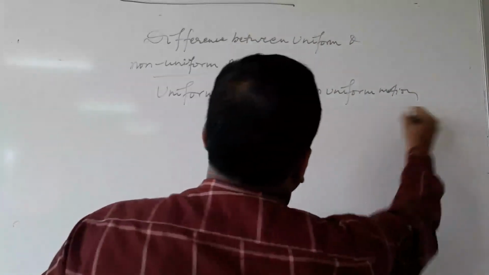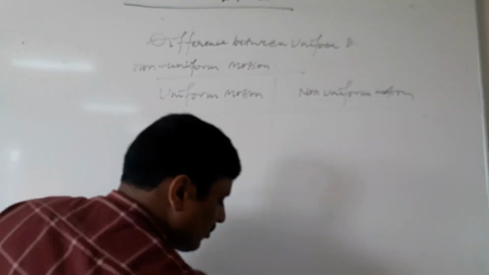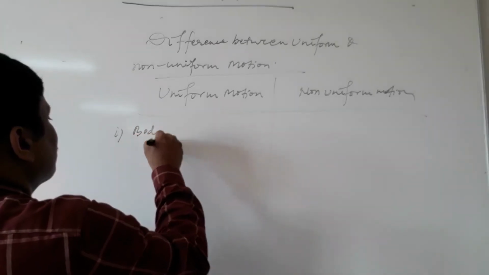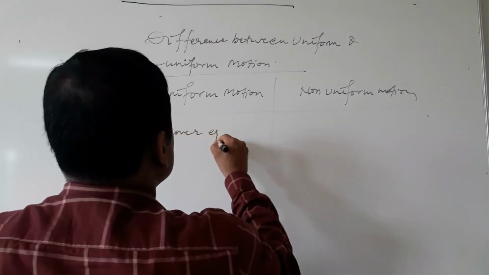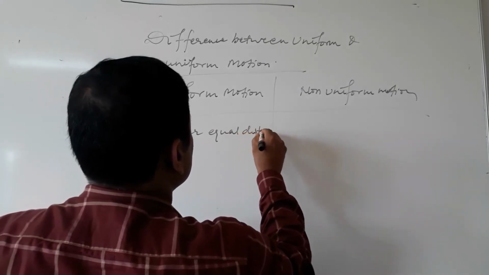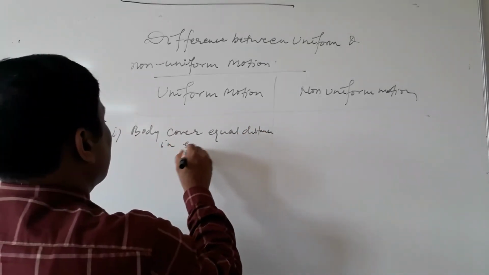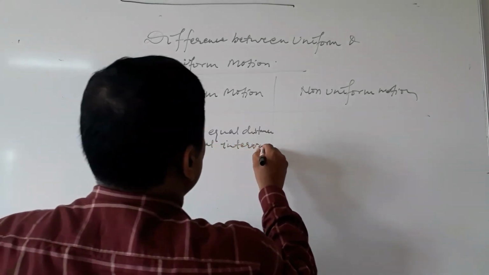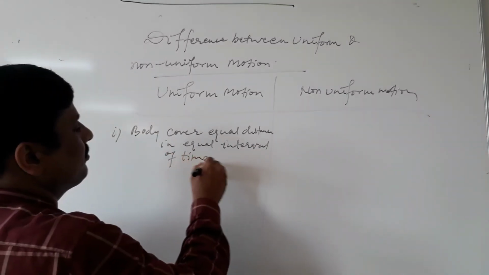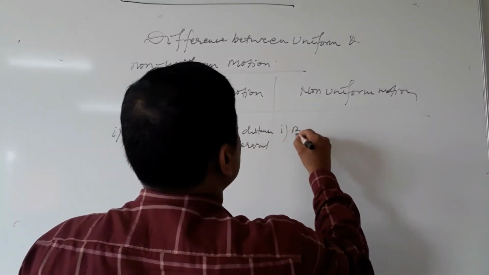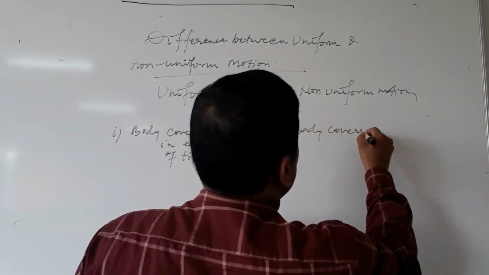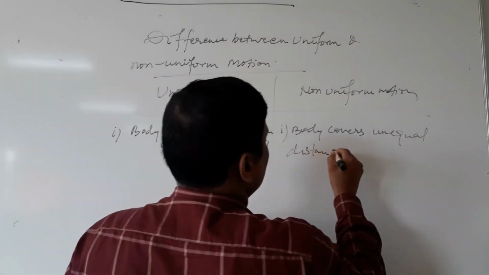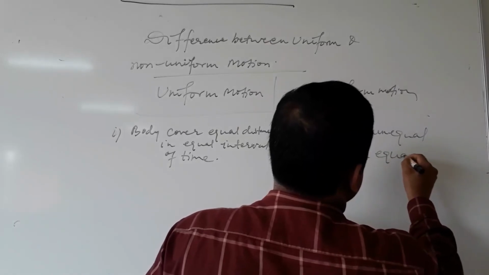In uniform, first you write the definition. Write down the definition here. Body covers equal distance in equal interval of time. Body covers unequal distance in equal interval of time.